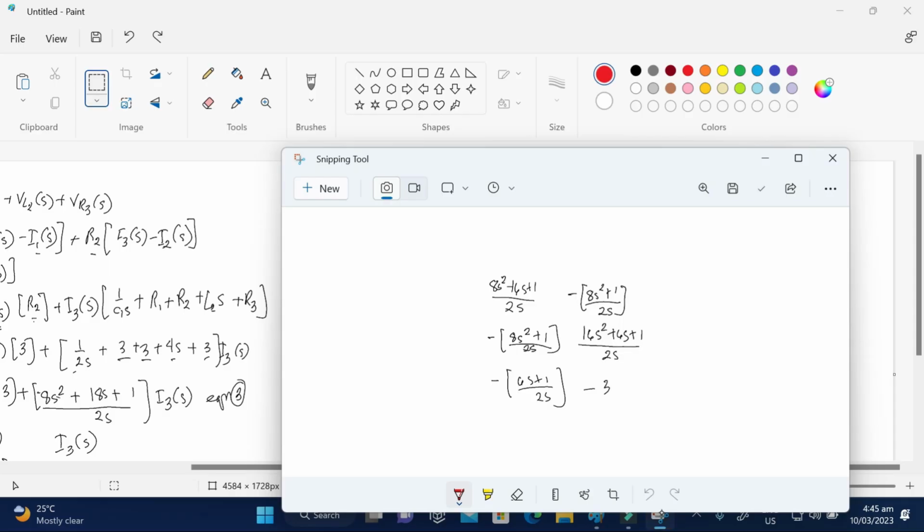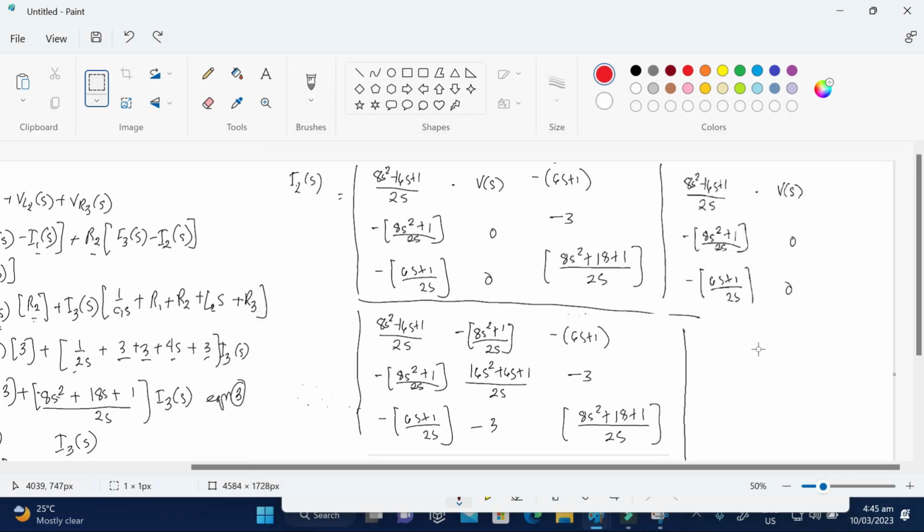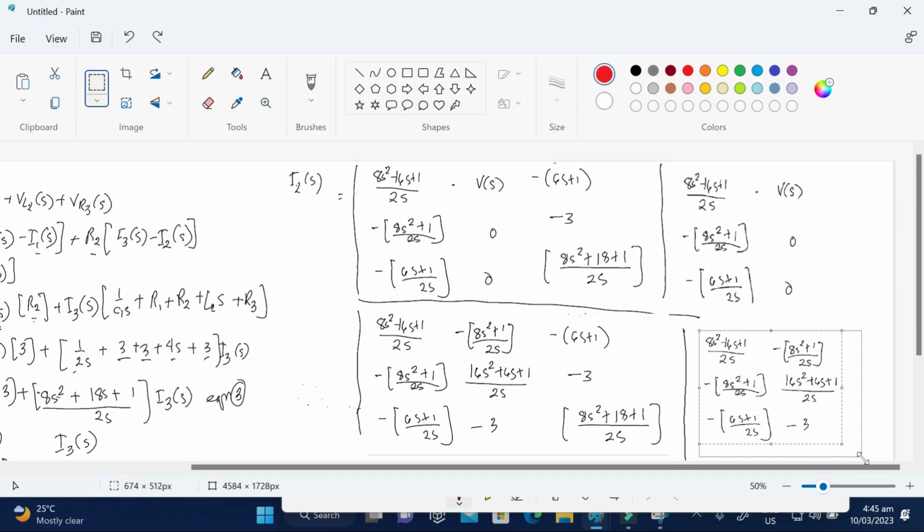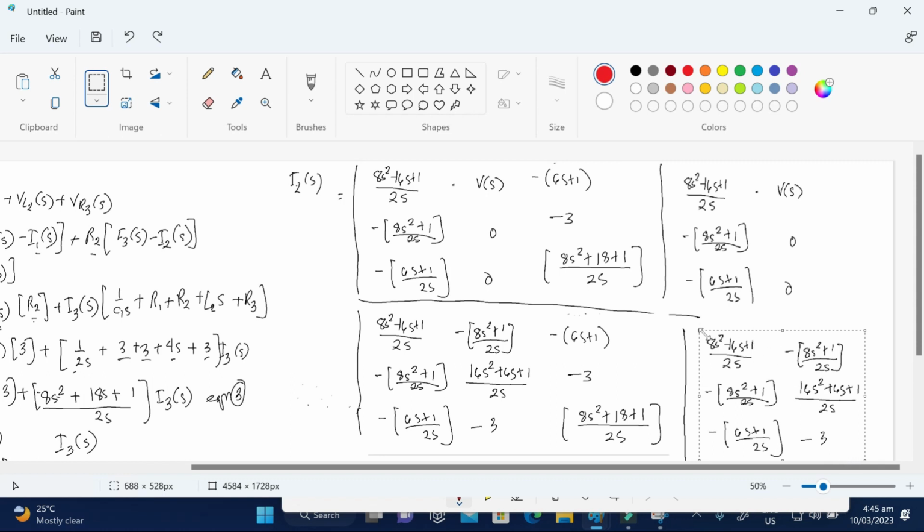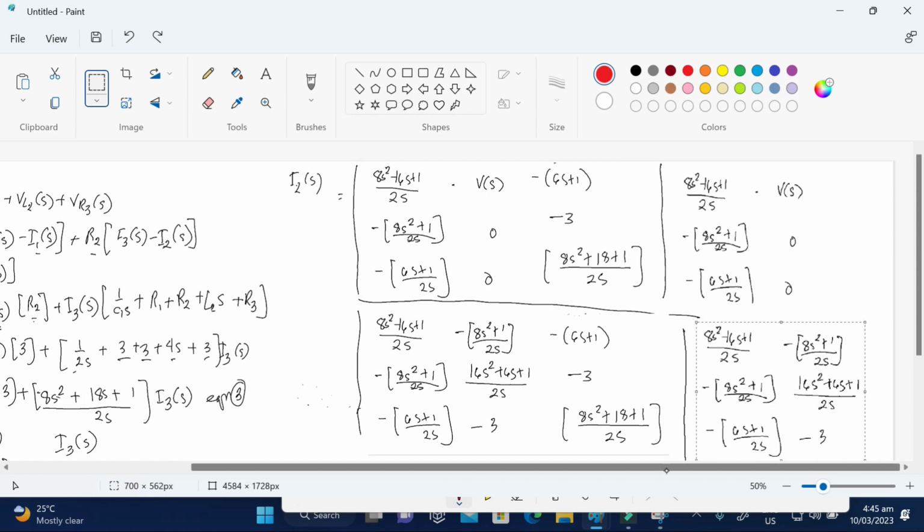Tapos, then evaluate the matrix. Okay? So, down.